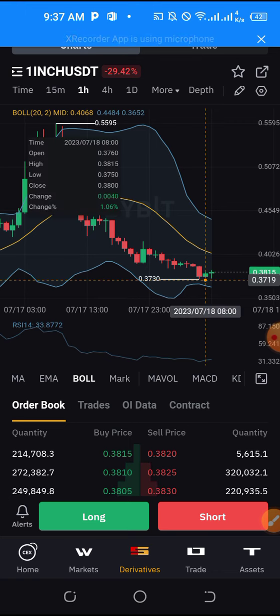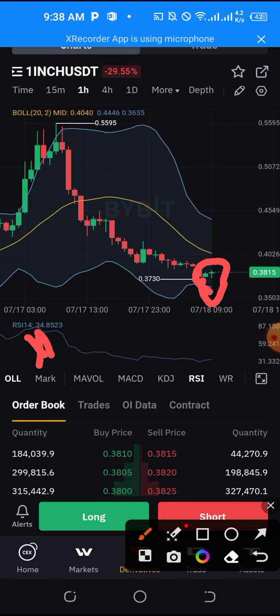Despite the fact that I put it on a 1 hour time frame and it's giving me clarity, and the candle is almost getting to the lower Bollinger Band, it will not make my decision.